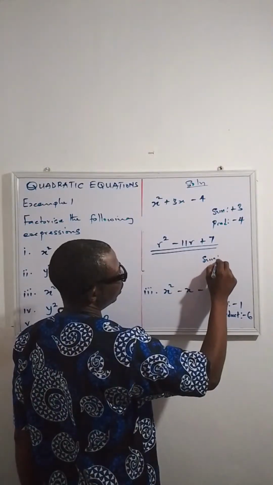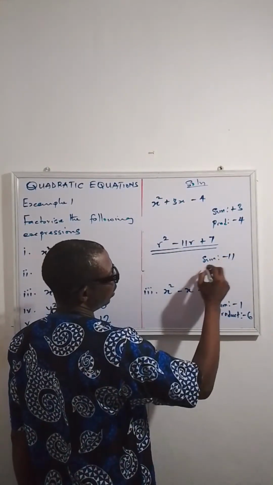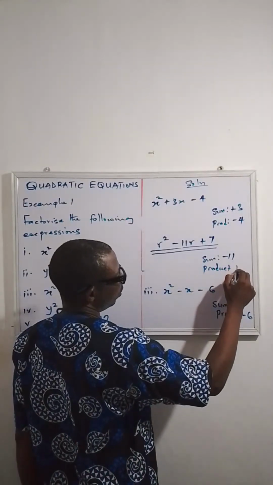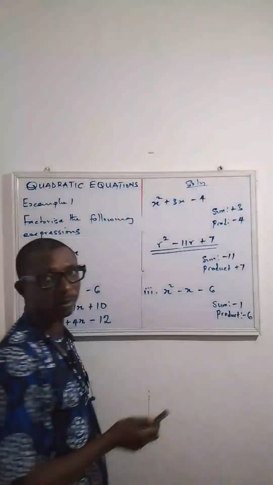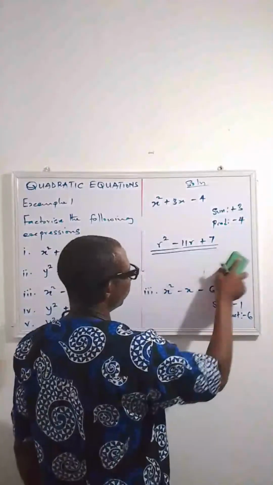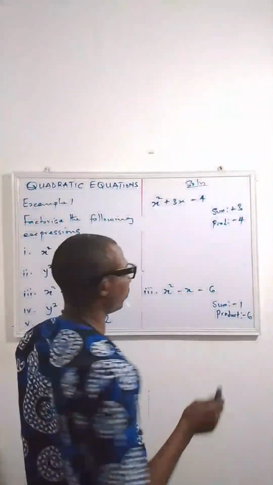The sum is the coefficient of x here, that is minus 11, and the product is plus 7. Okay, so that's the answer. Now let me try you with this. You're going to locate the sum and product for me.